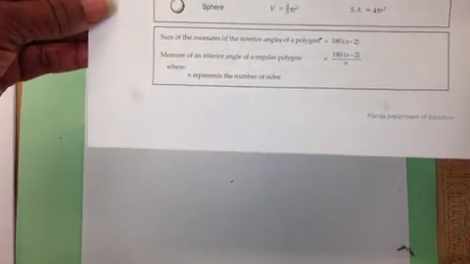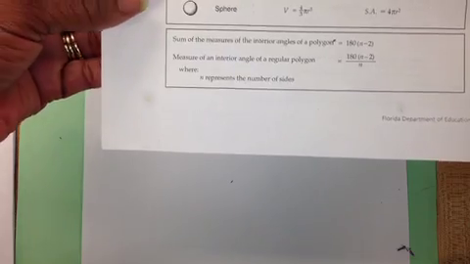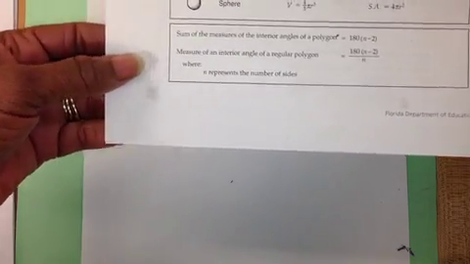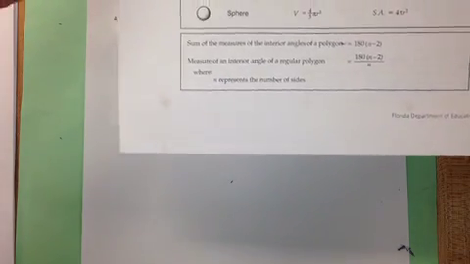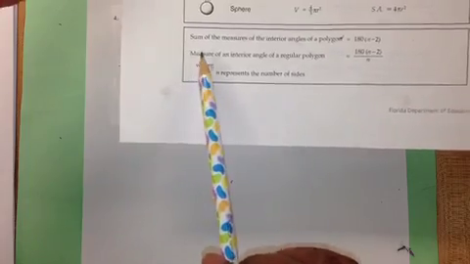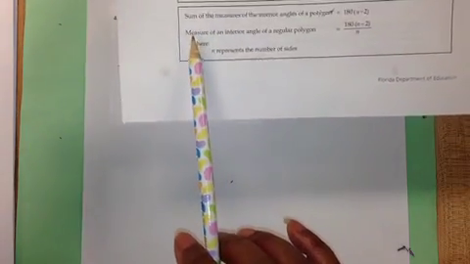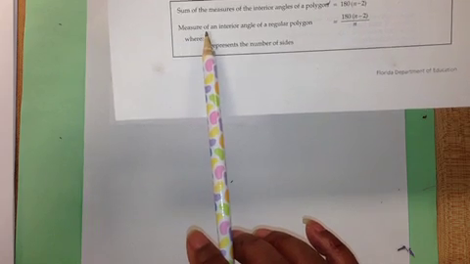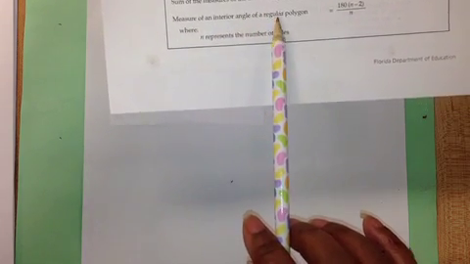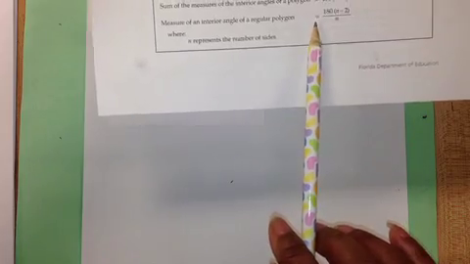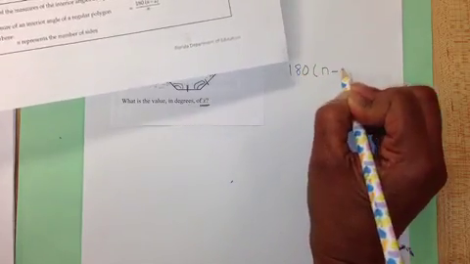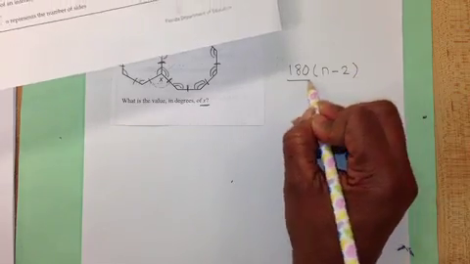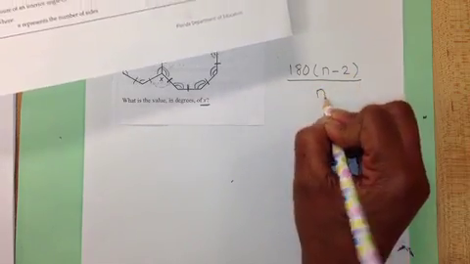I need a formula that's going to aid me in finding the measure of an interior angle of a regular polygon. Keyword, regular. At the bottom of your reference sheet, it says the measure of an interior angle of a regular polygon is equal to 180 degrees times n minus 2 divided by n.